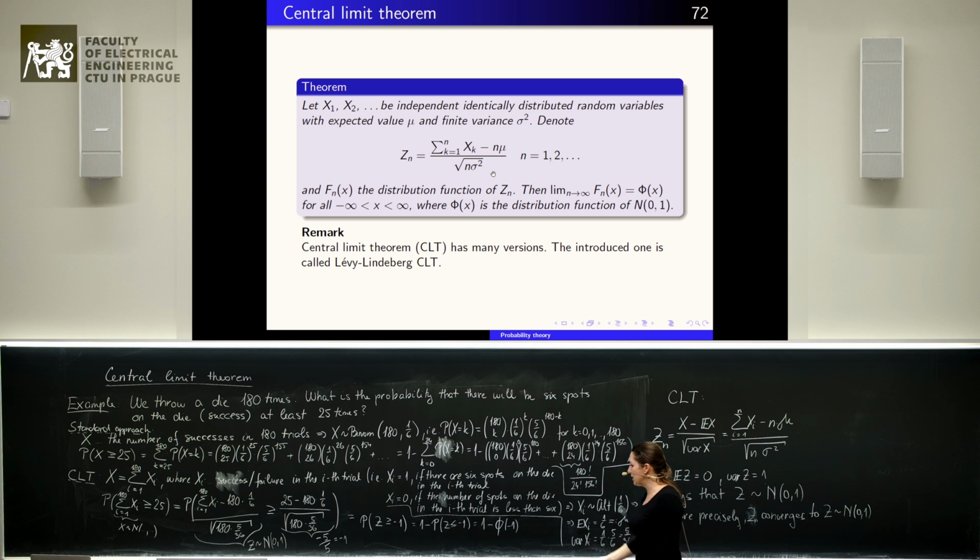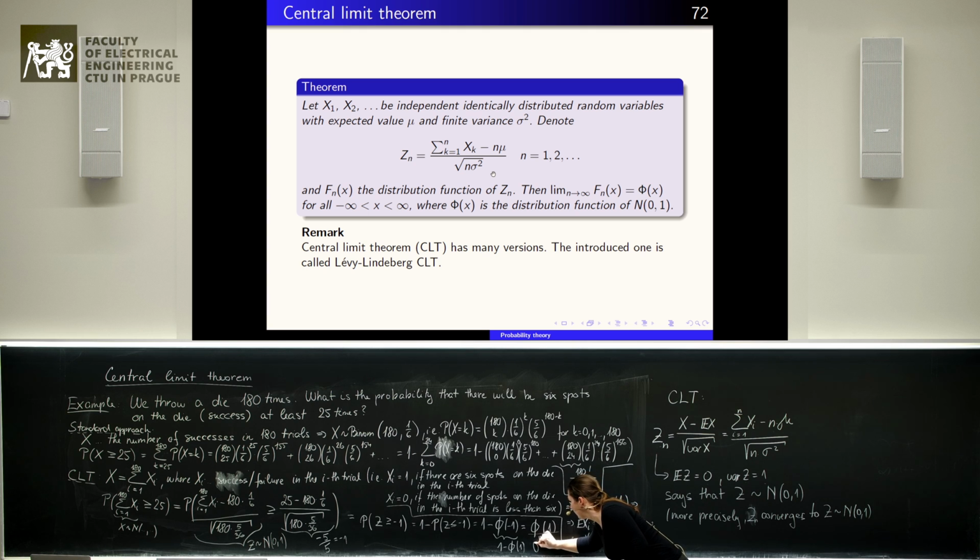And we want to find this value in the table. In the table, we usually have the positive value for this distribution function. So we transform it using this relation to the solution that it is equal to the distribution function of standard normal distribution in the value 1.